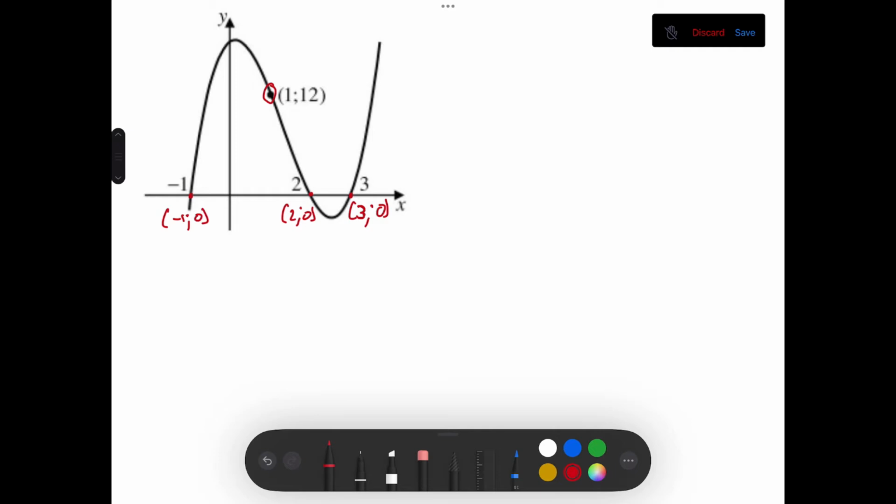So y equals a, bracket x minus x1, and then x minus x2, there we go, and then x minus x3. So we're going to substitute our points. Now I prefer to substitute with brackets because it's safer that way, in case you have any negative values.